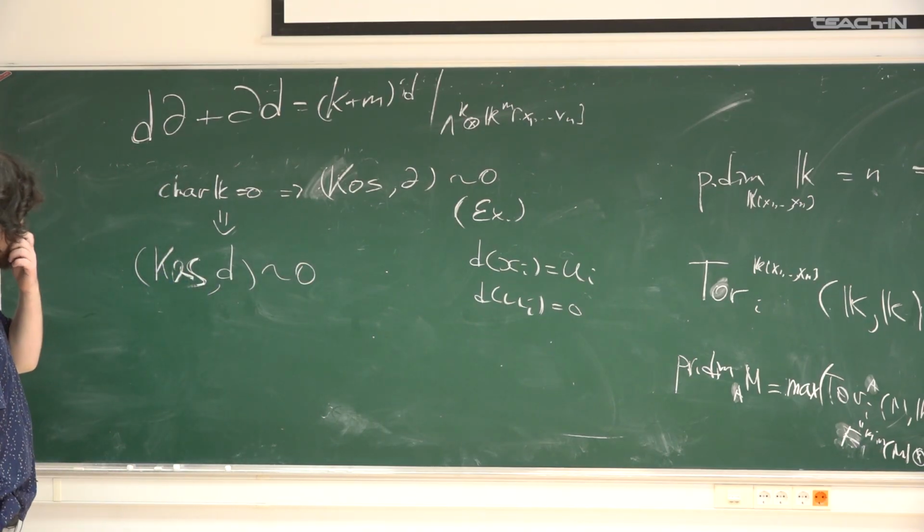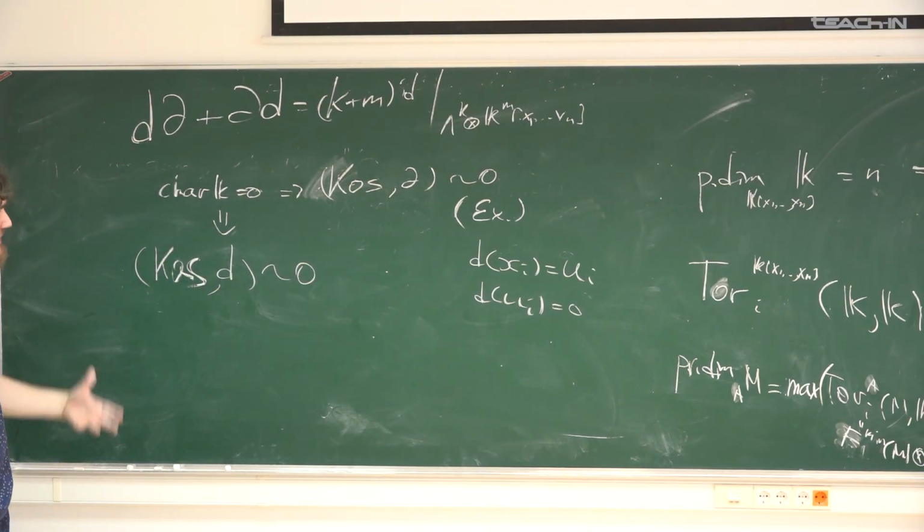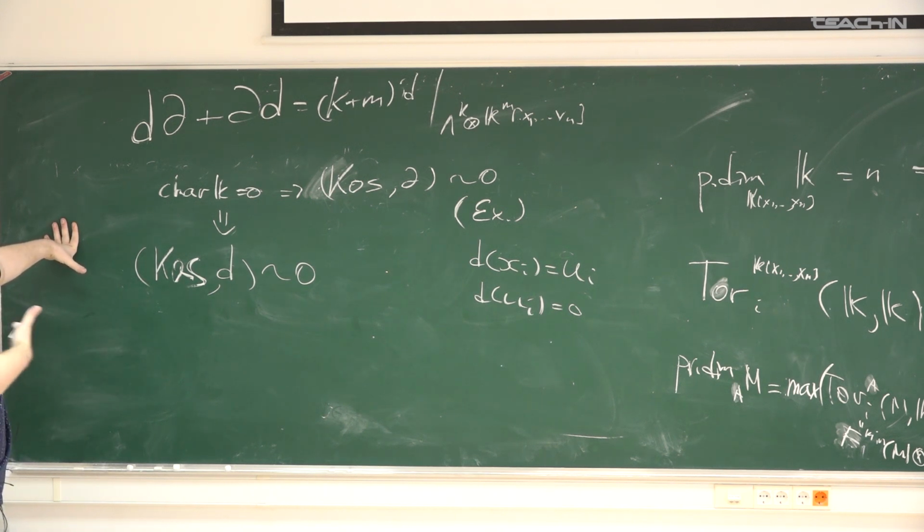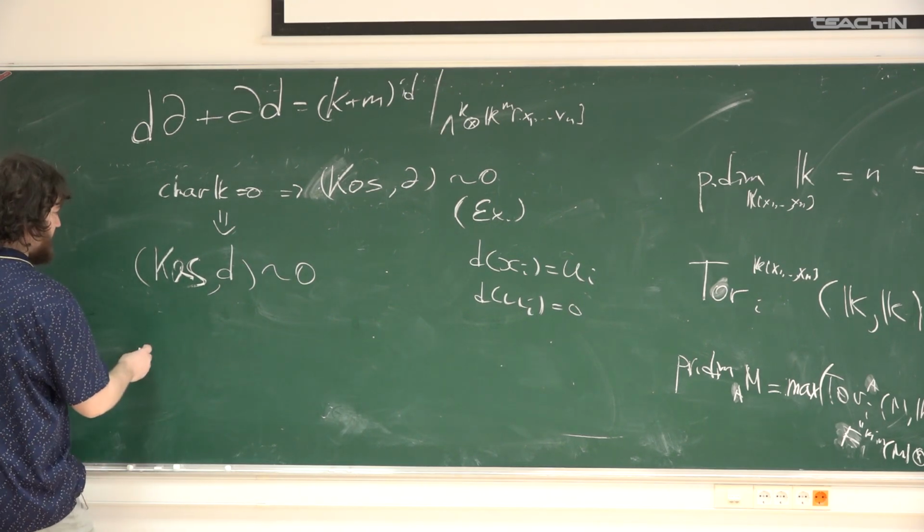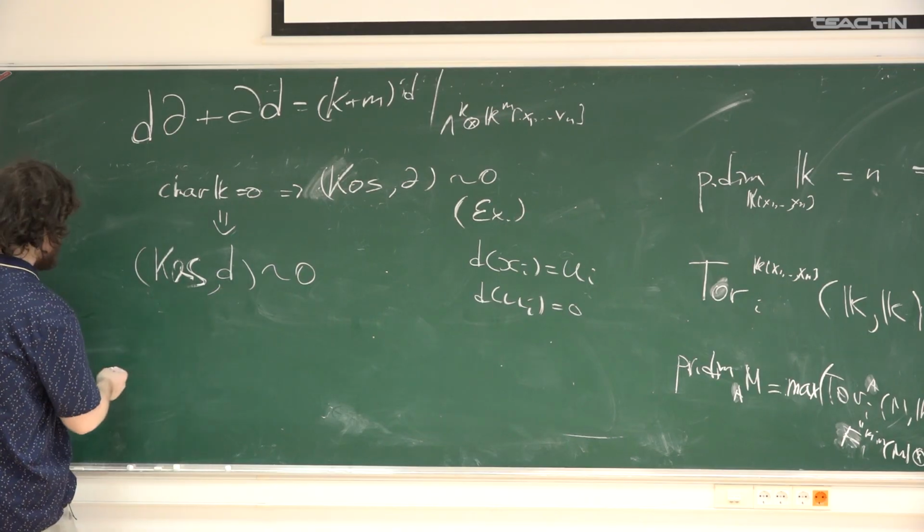And so this means that we can consider the same big graded algebra as a free resolution of k over the exterior algebra, yes? Because it's acyclic, because it's contractible with the d differential.